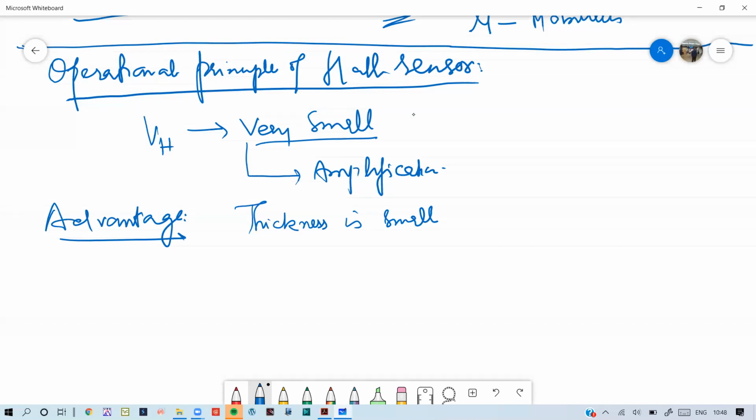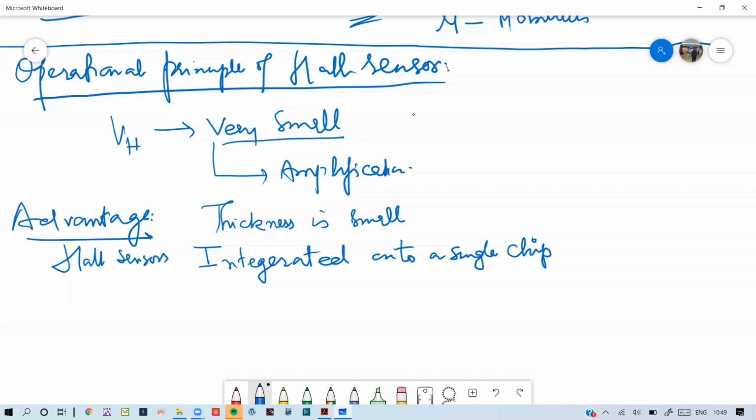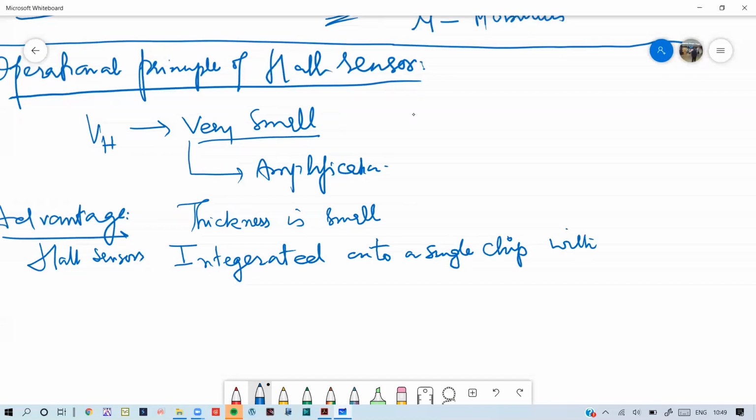When the thickness is very small, Hall sensors can be integrated onto a single chip with an amplifier circuit and signal processing devices, which is called signal conditioning.